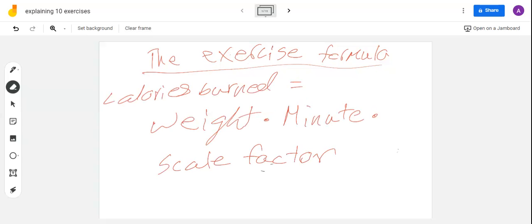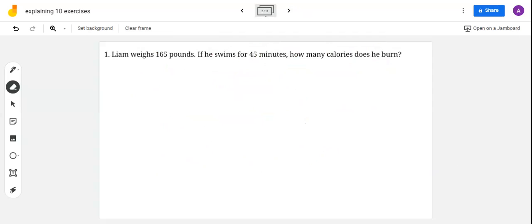So these aren't going to be the exact ones for scale factor, but I will put in what they are. Let me get those scale factors for you because I do have them.